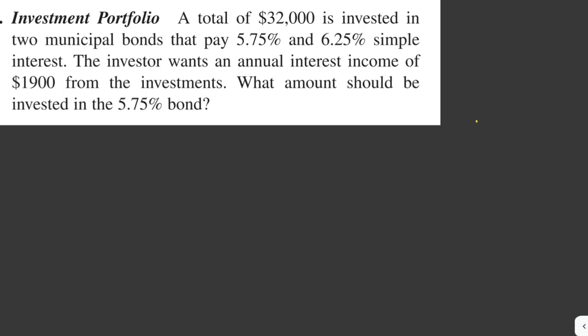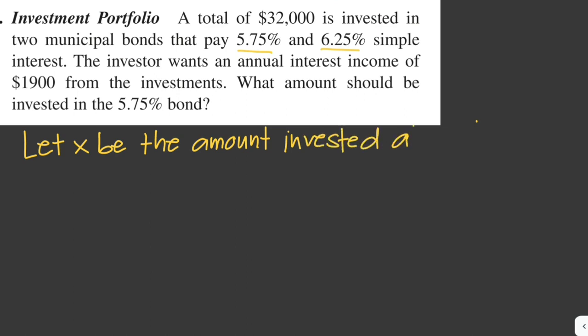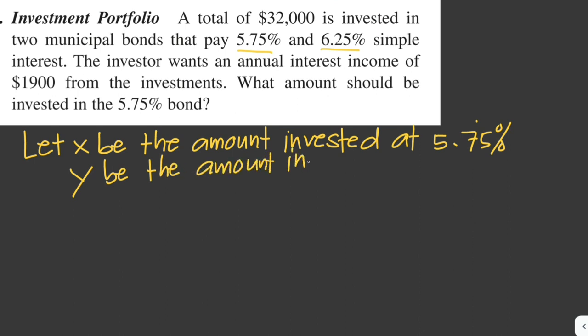Here we don't know the amount invested at both interest rates, 5.75% and 6.25%, so we can let x be the amount invested at 5.75%, and then y be the amount invested at 6.25%.